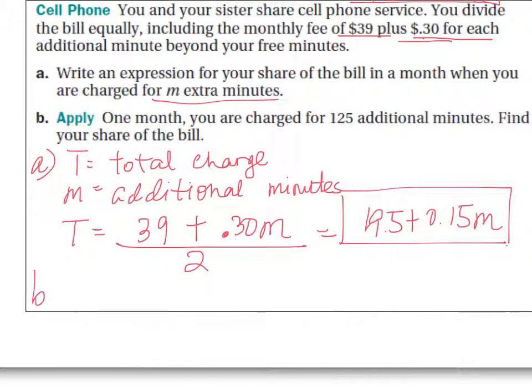Part B. Apply. One month, you are charged for 125 additional minutes. Find your share of the bill. So I'm going to take the expression from part A. I'm going to substitute 125 minutes for m.